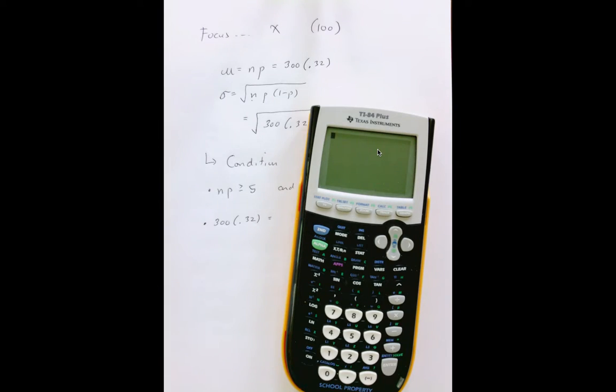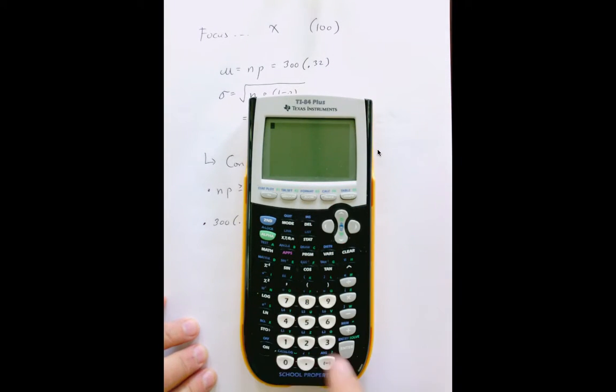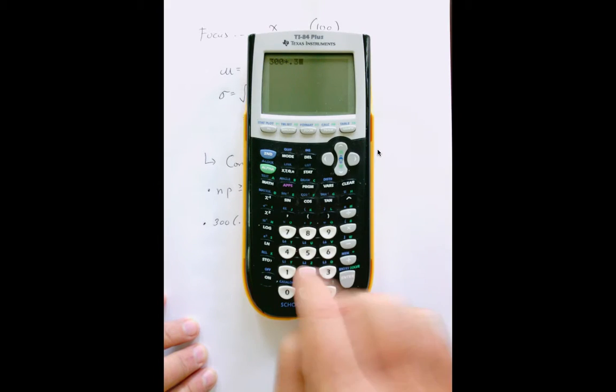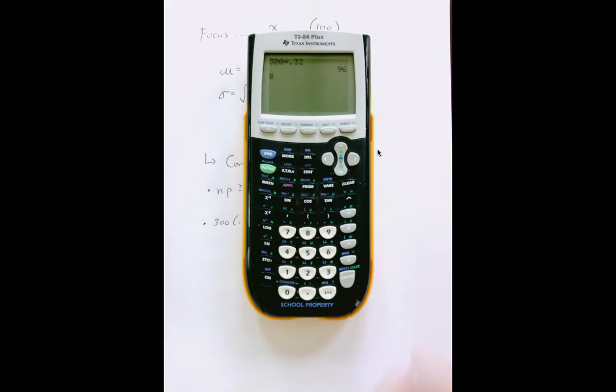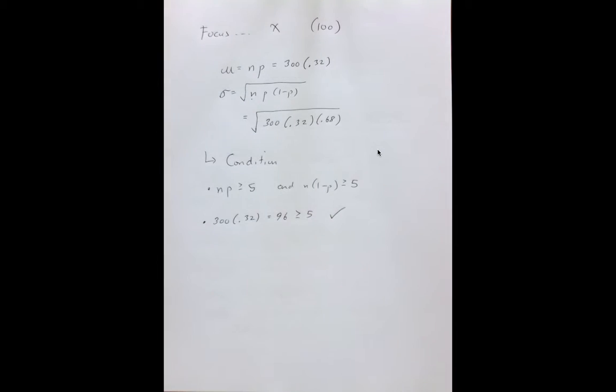All right, so checking our assumptions, I have 300 times 0.32. 96, bigger than 5. So check that one off.